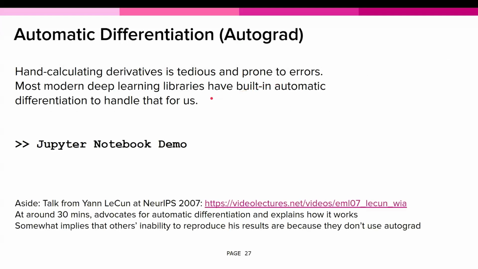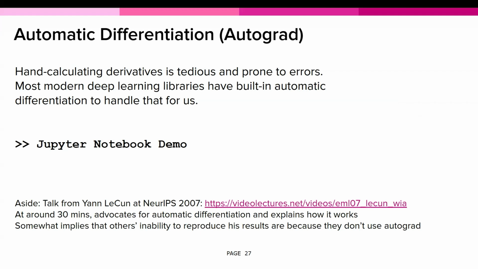And so the answer is we're not going to do this by hand anymore. Modern deep learning libraries have built-in methods for automatic differentiation to handle that for us. I'm going to link in the comments section a Jupyter notebook that pulls together a few PyTorch tutorials to show how this is done.